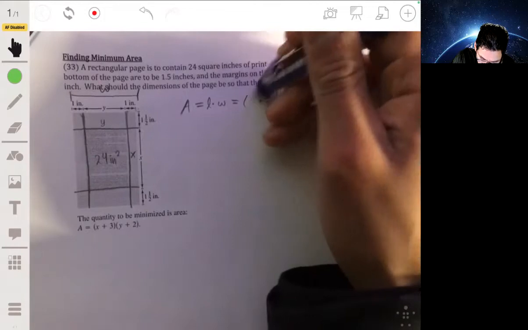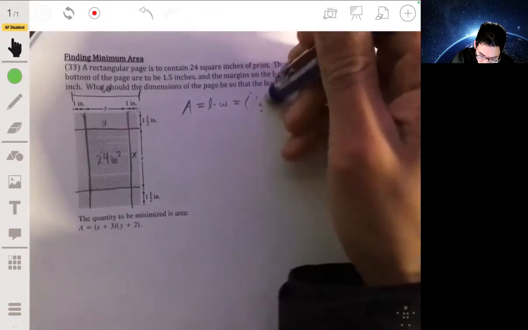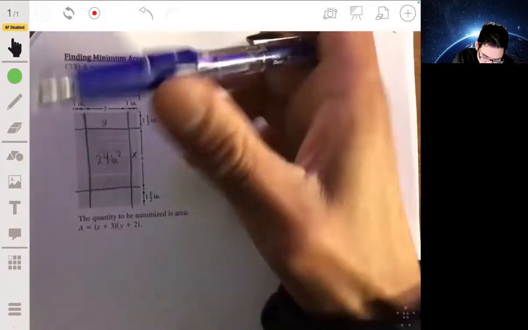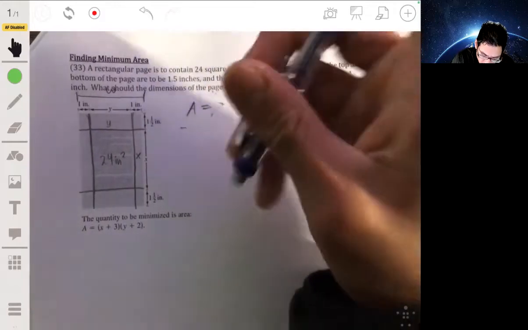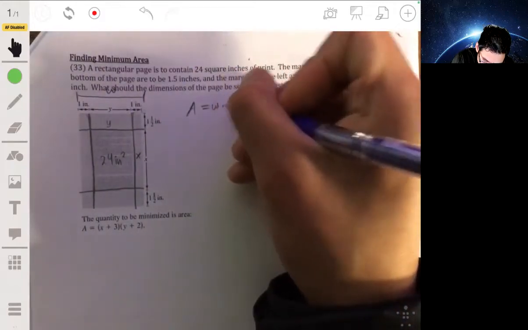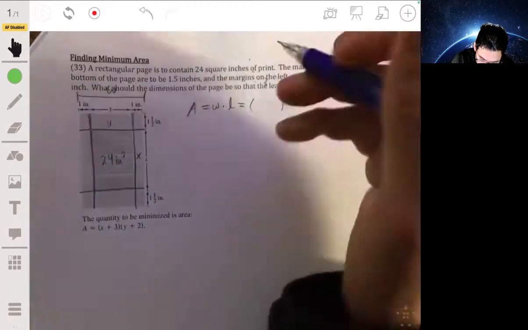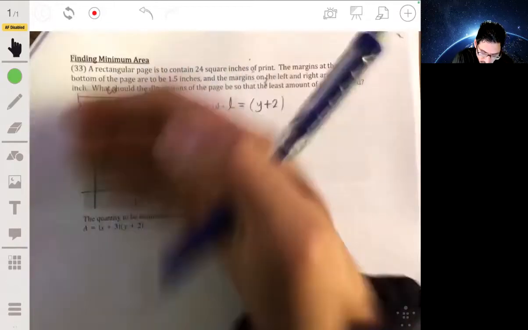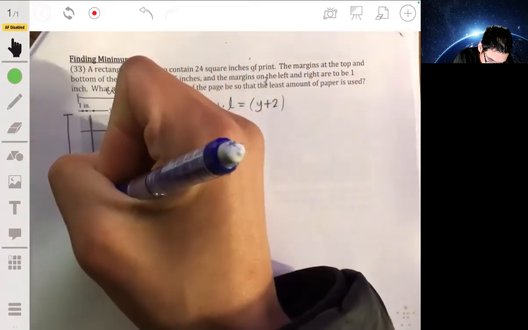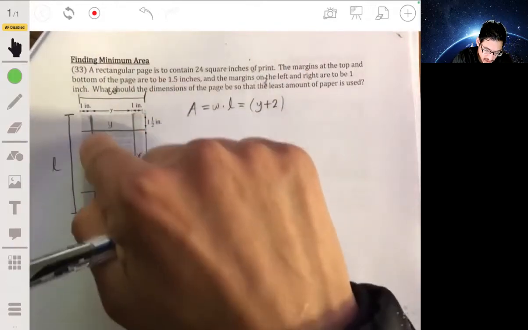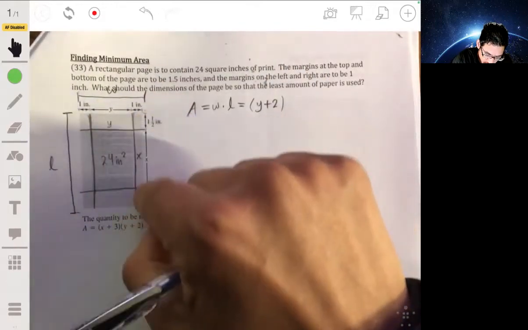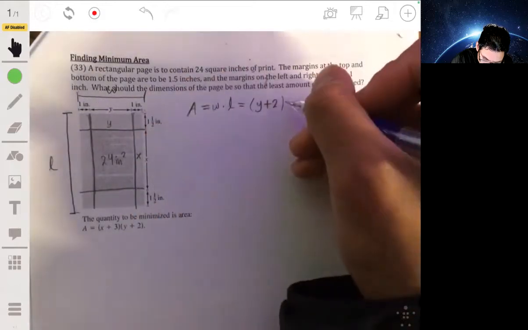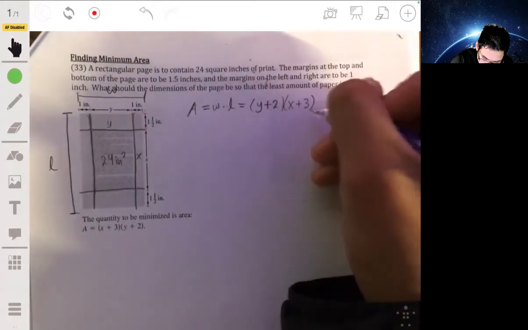Let me put width times length. Width across is y plus 2. Length up and down, so this plus that, so x plus 1.5 plus 1.5, or x plus 3.